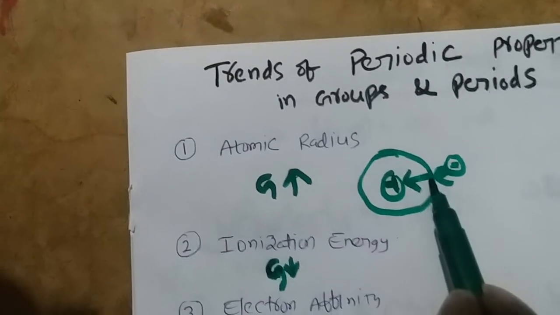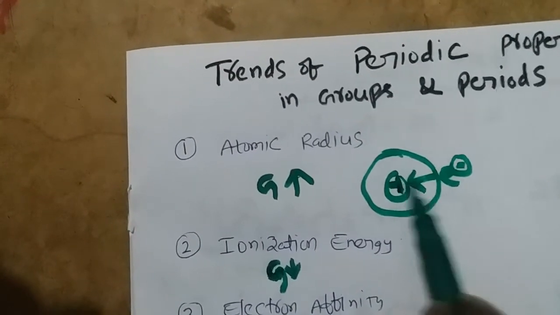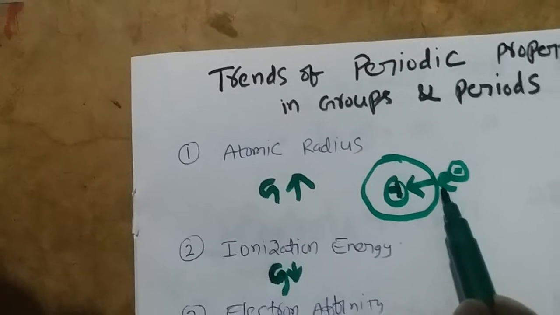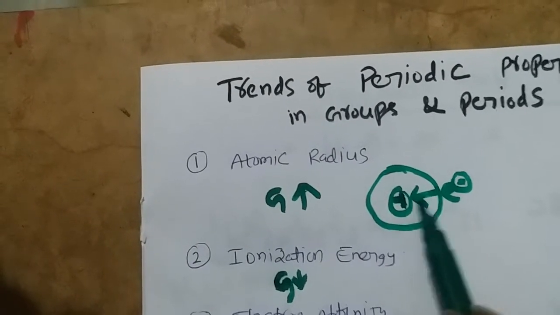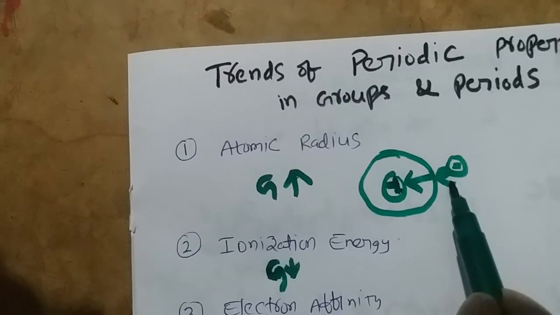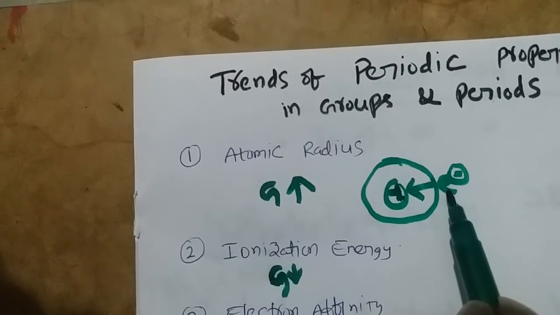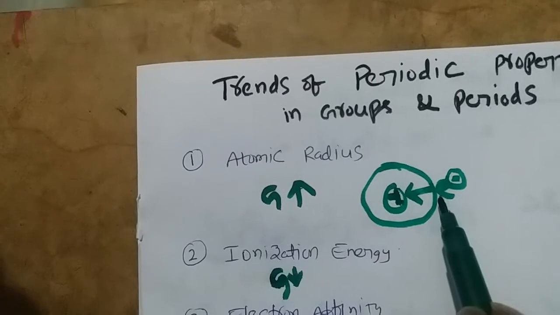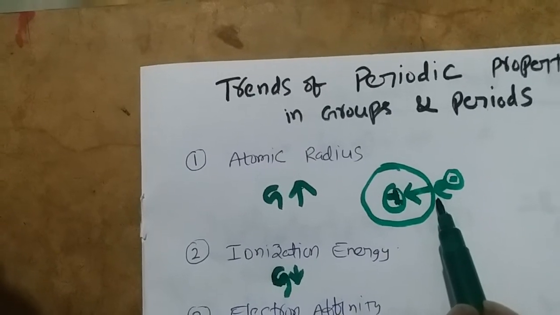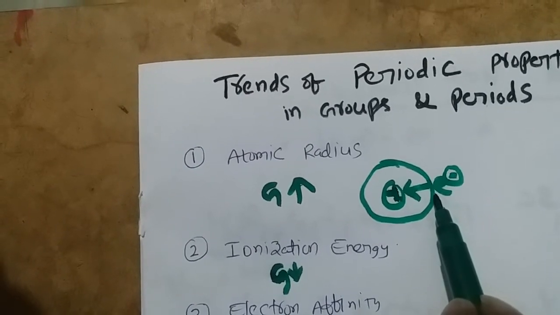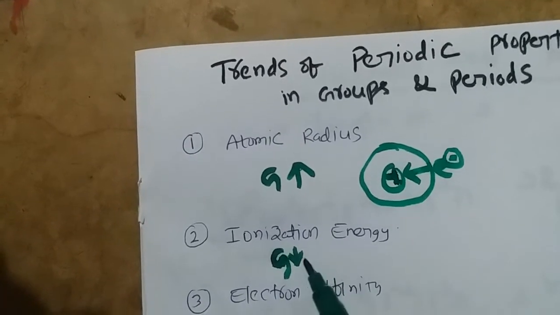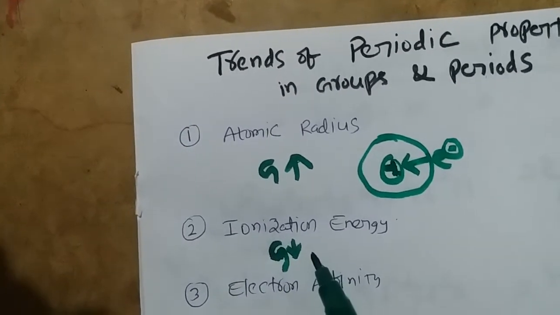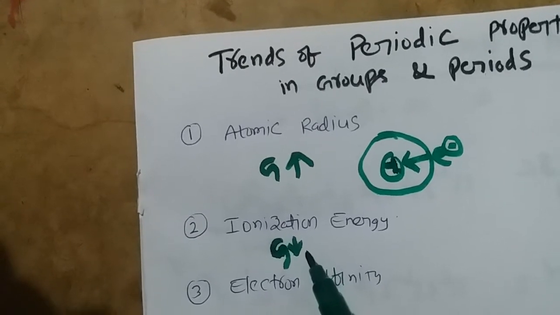As size increases, the distance between the nucleus and the outermost electrons increases. As distance increases, the nuclear attraction force over the valence electrons decreases. Then what happens? We can easily remove the outermost electron from the atom when we move top to bottom in groups.